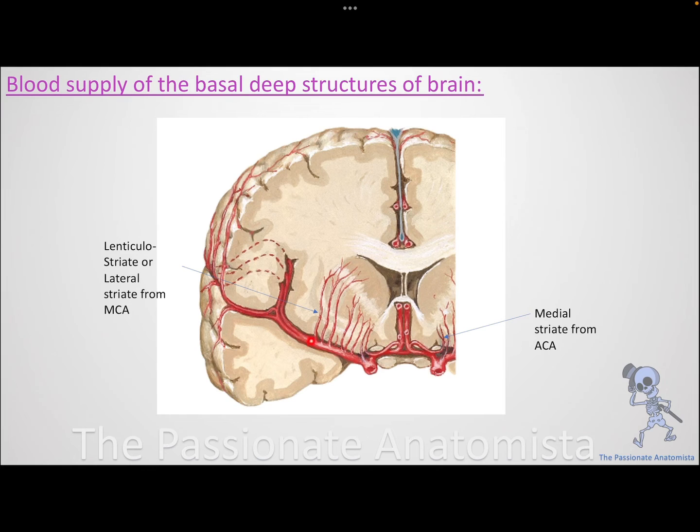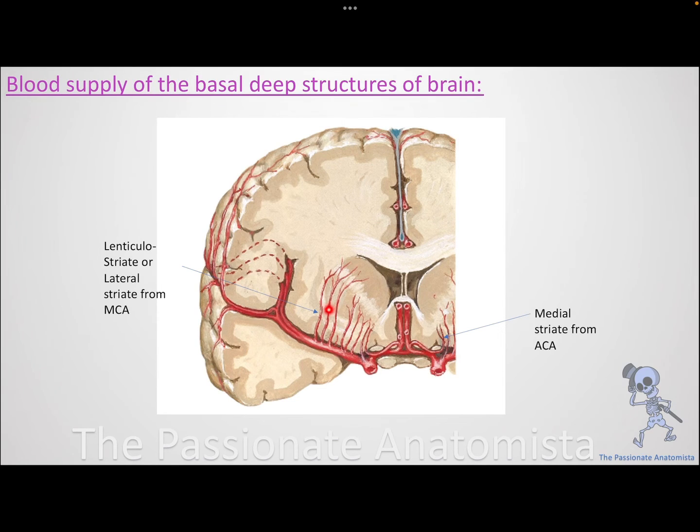And it gives a very important artery in the deep structures called lateral or lenticulostriate. Lenticulostriate supplies the lentiform nucleus in the basal ganglia, the striatum, and everything in the deep structures. So if I have a problem with the MCA, you have to think about basal nuclei problems. I'm not gonna talk about the basal nuclei problems now, because this is a totally different concept.